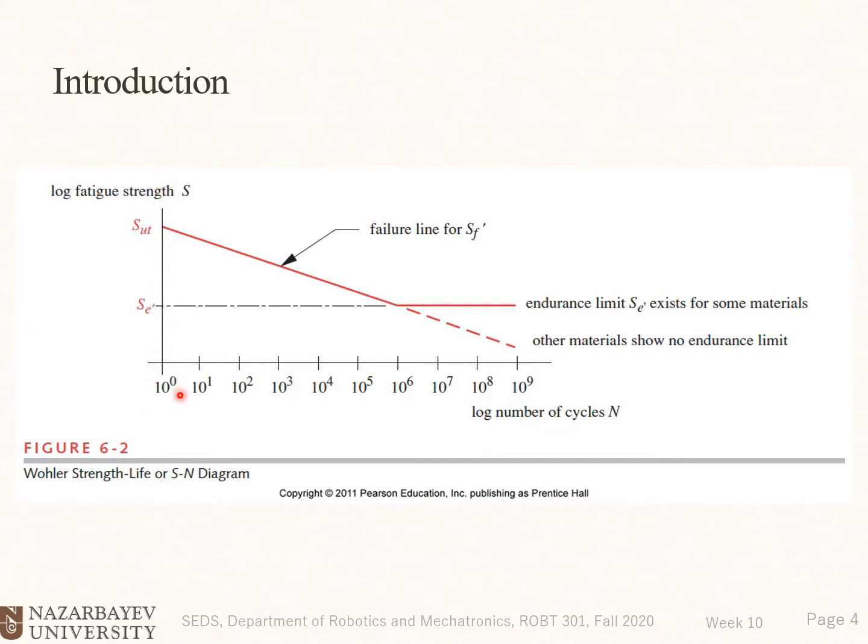Or we could rotate that beam for 10 cycles, 100 cycles, 1000 cycles, and so on, and we see that the strength of the material drops here. It's not yet equal to the ultimate tensile strength. It will be lower than the static strength.